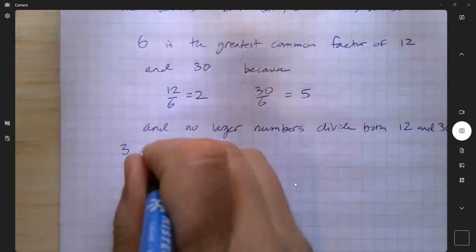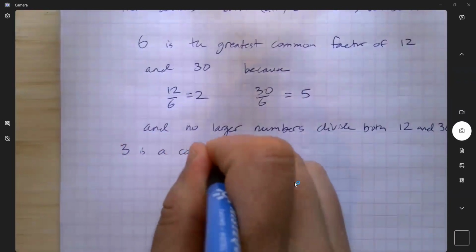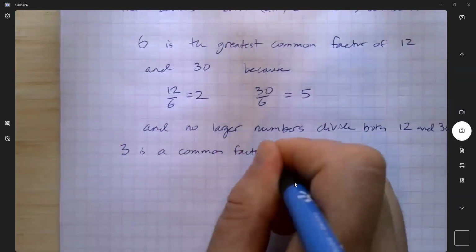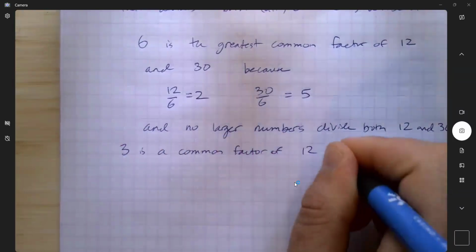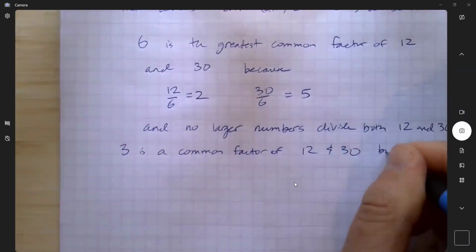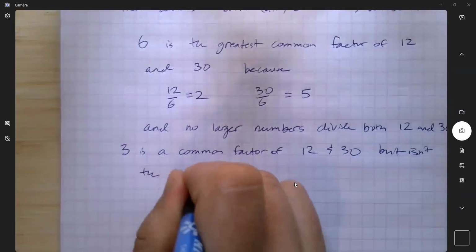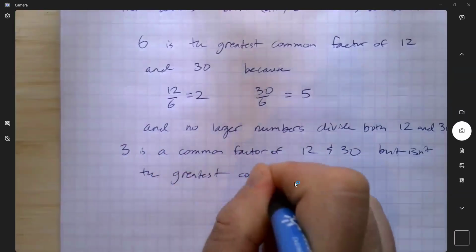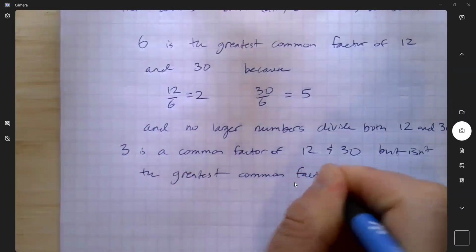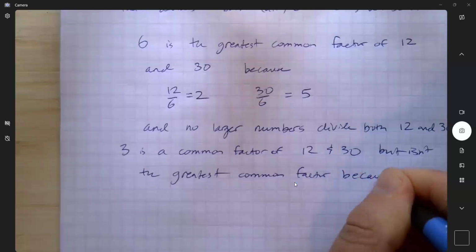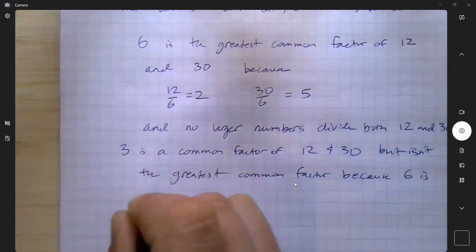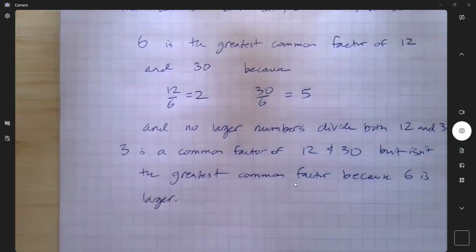Three is a common factor of 12 and 30, but isn't the greatest common factor, because 6 is larger, and 6 is also a common factor.